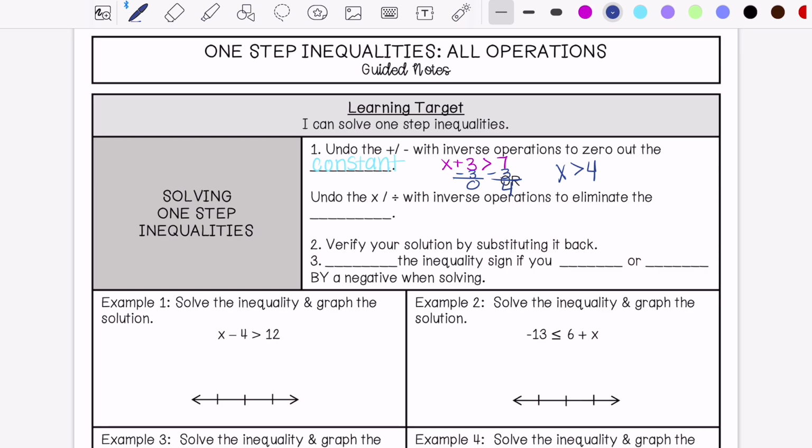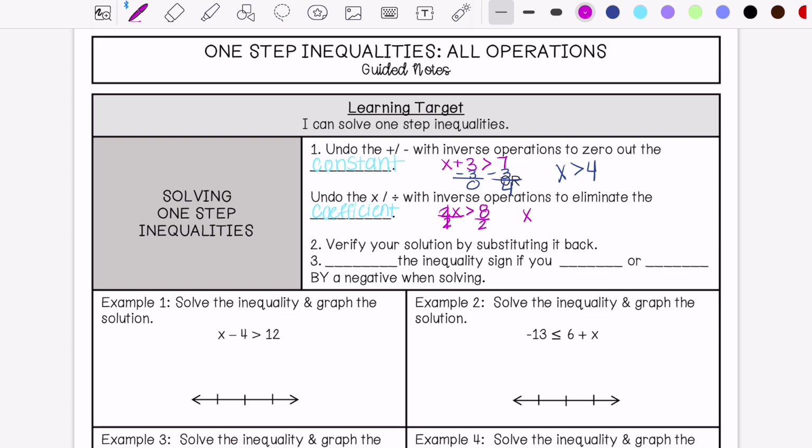Or if the operation that's happening in your inequality is multiplication or division, you will do the inverse operation to eliminate the coefficient. That's the number in front of the variable. So for example, if you had 2x is greater than 8, the inverse of multiplication is division.